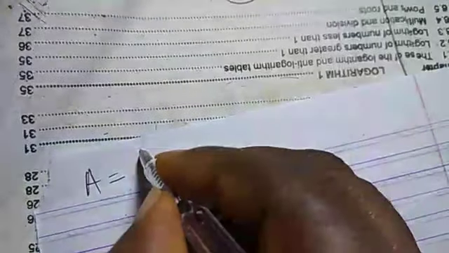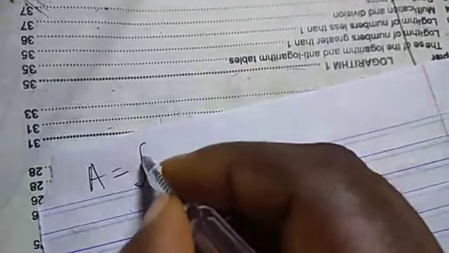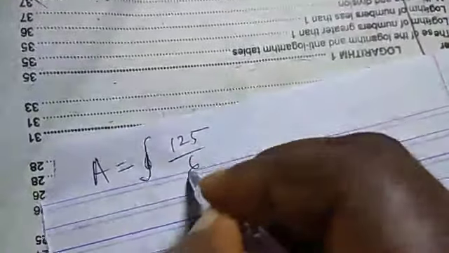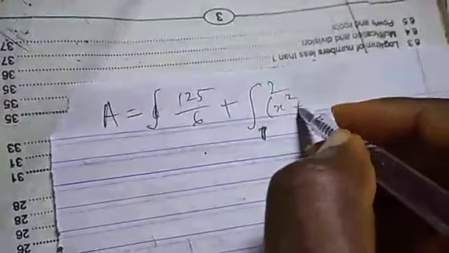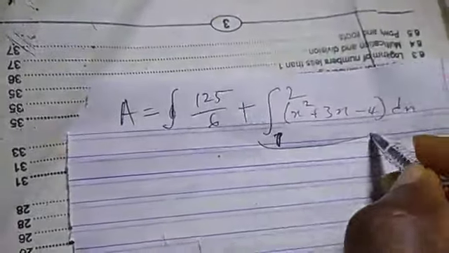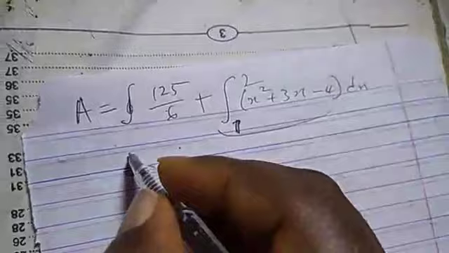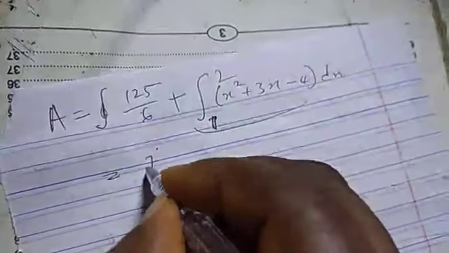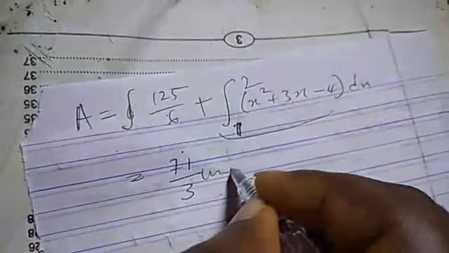From that place, our area will now become 125 over 6 plus the integral from 1 to 2 of x squared plus 3x minus 4 dx. So we need to integrate this one too and add it to the second one. By the time we integrate it and add it, we have 71 over 3 unit square. So that is our answer.